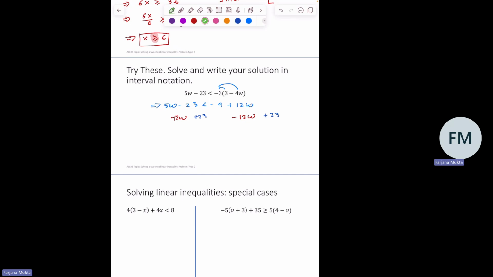So what happens is these get cancelled, right? And these get cancelled. So we have 5w subtract 12w less than negative 9 plus 23. So we have negative 7w less than positive 14. Now we'll divide both sides by negative 7.